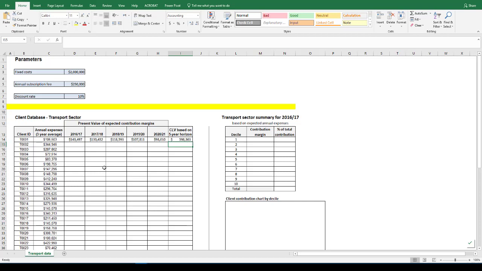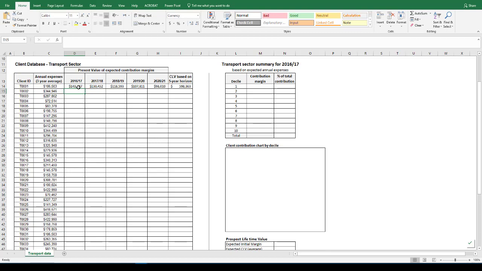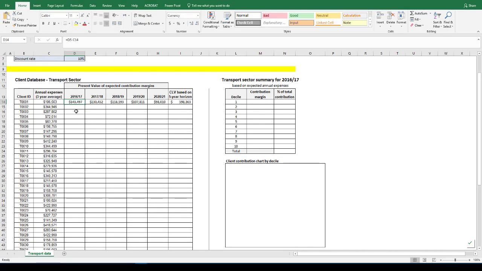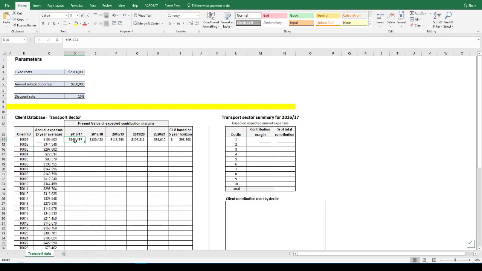Same thing for the rest of the customers. For the second customer, we can use the previous formula. What I did for customer number 1, I got the differences between the annual fee and the annual expenses.